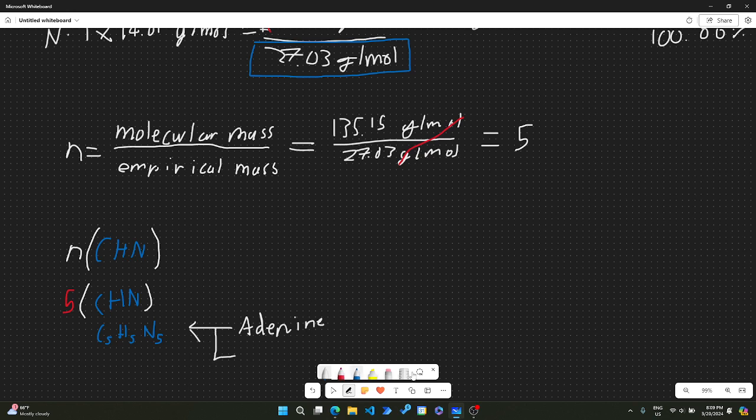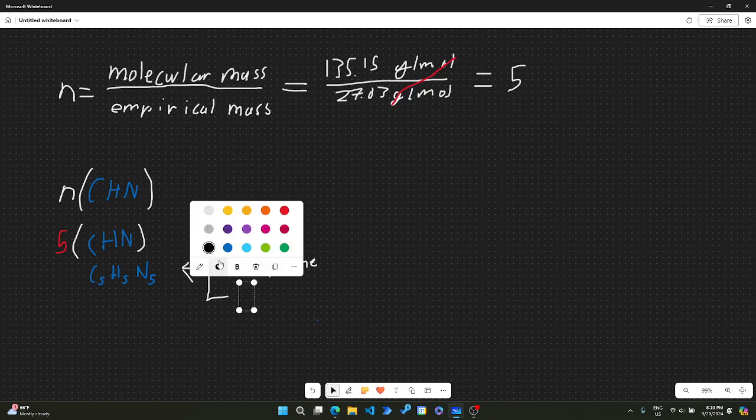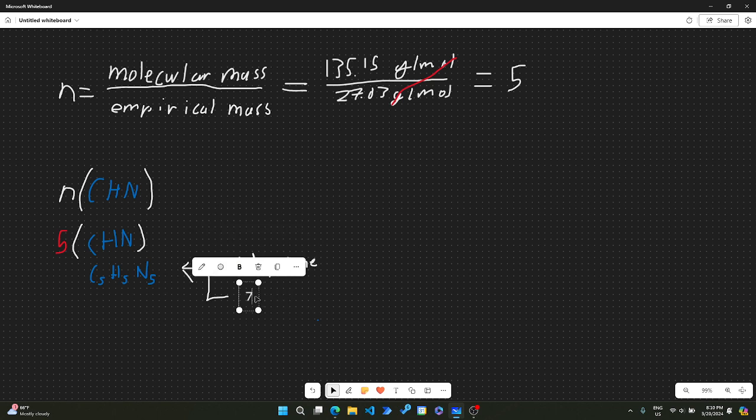And its IUPAC name is a lot more complicated. The IUPAC name is actually 7H-purin-6-amine.